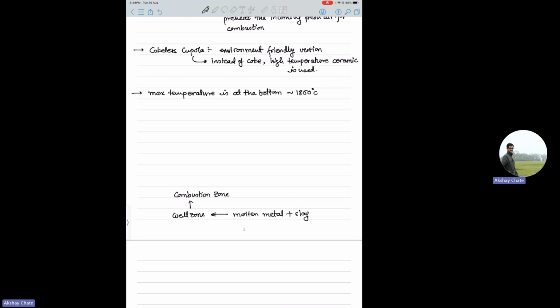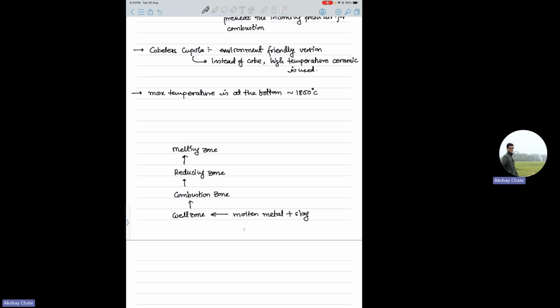And then on top you have the reducing zone. It is reducing because there you have endothermic reactions involving carbon, which comes from the coke, and carbon monoxide is formed. On top of that you have the melting zone.